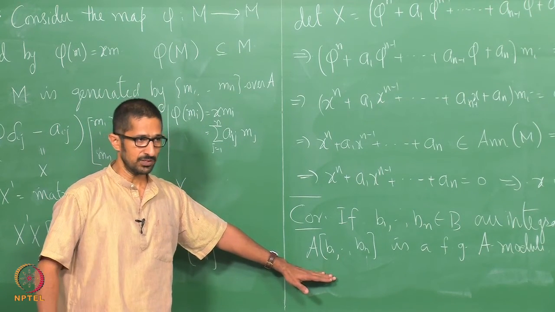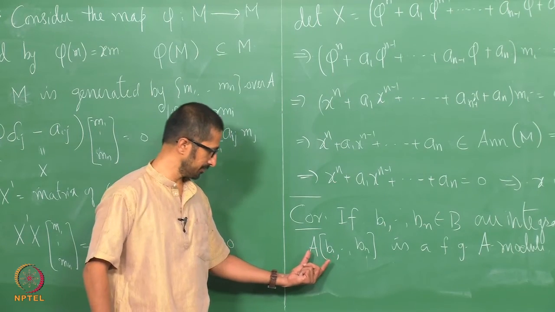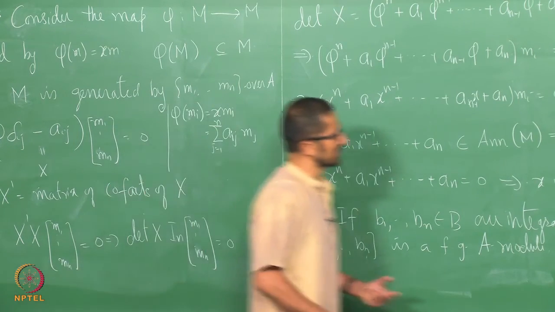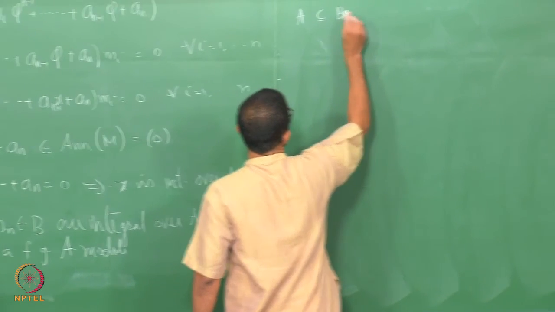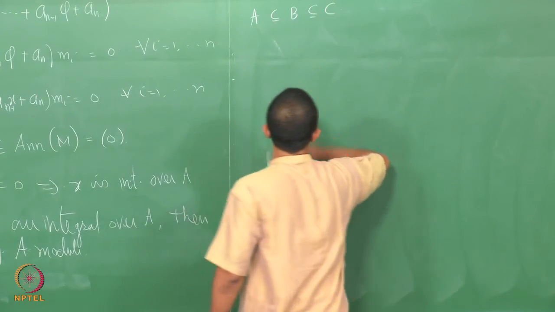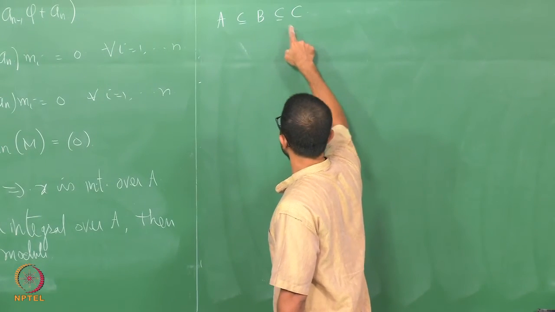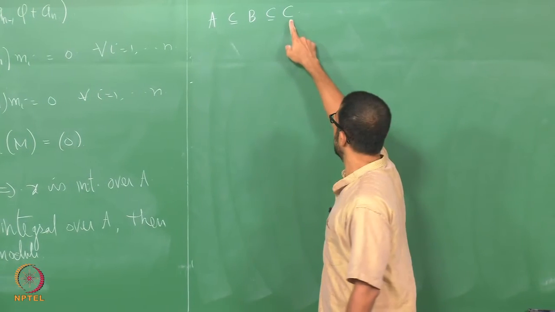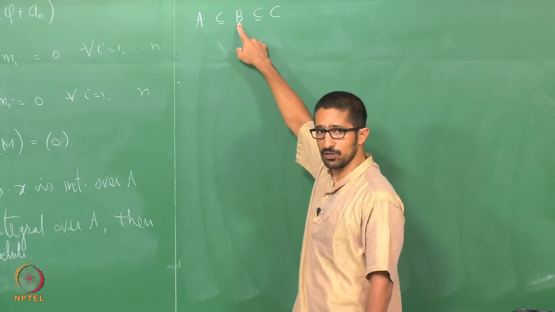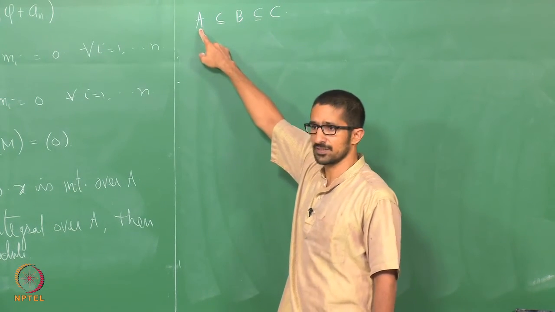Okay. So, this is more generally true, that if A is contained in B, contained in C, they are all rings, and if B is a finitely generated A-module and C is a finitely generated B-module, then C is a finitely generated A-module.